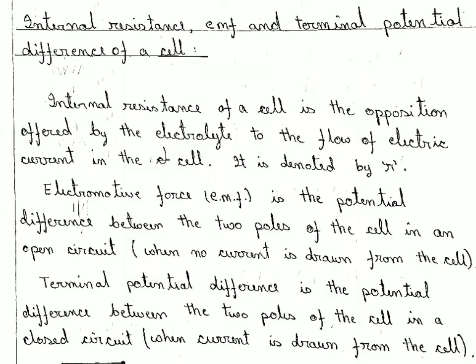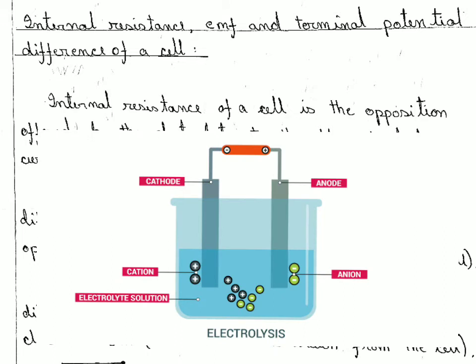When the current flows through the cell, its electrolyte offers resistance to the flow of current. This is because ions have to move against the background of other ions and the neutral atoms.